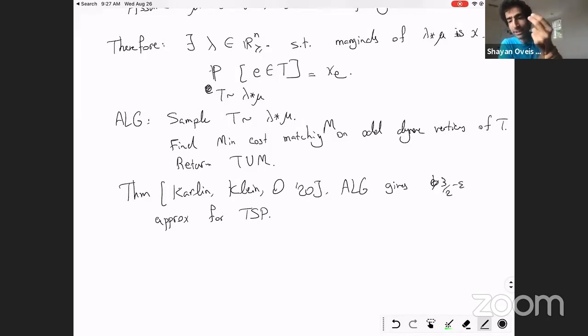I know that the expected degree of any vertex except these two special vertices is 2. The expected degree is the summation of the x of e's neighboring that vertex, which is exactly equal to 2. But what is the distribution? The distribution, as we proved in the first lecture, is nothing but a summation of independent Bernoullis.